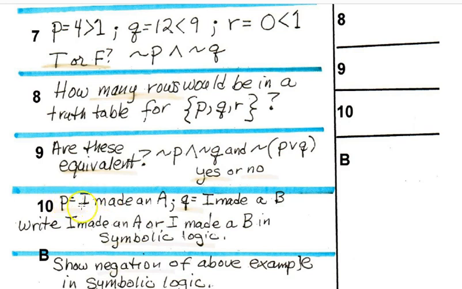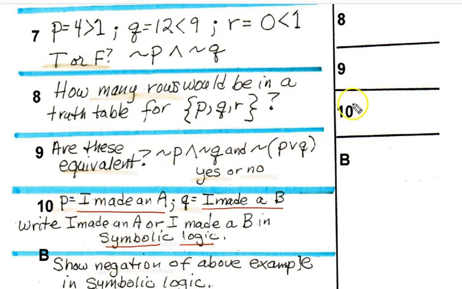All right, number 10, a very simple symbolic logic example. We're saying that P is this statement. Q is this statement. Now, we want to write this using symbolic logic.